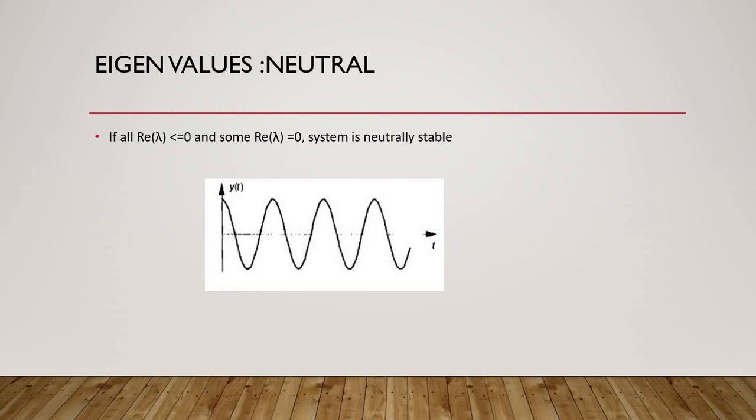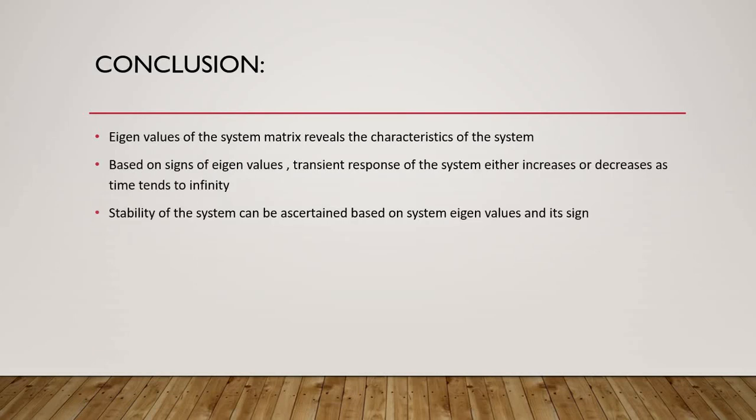So once we find the eigenvalues, we can talk about many kinds of physical parameters. For example, we can talk about the controllability of the system, the observability of the system, and then we can find the natural frequency of that system and the damping ratio of the system.